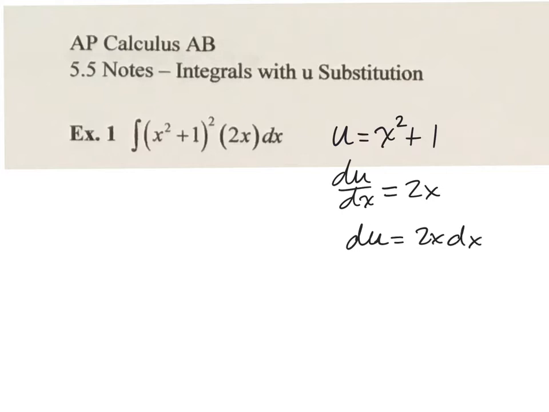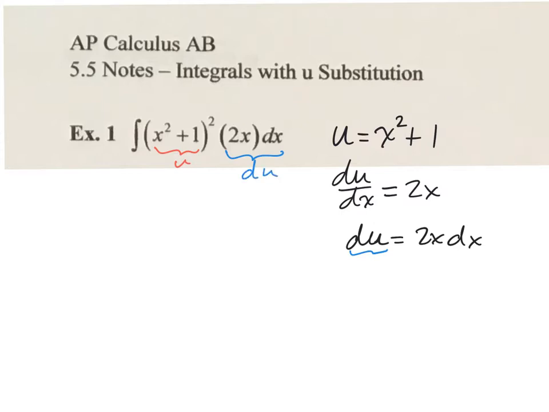All right, so now we're going to take this integral and rewrite it, except we're going to make some substitutions. Where we see x squared plus 1, we're going to replace that with u. And then all of this part, the 2x dx, can be replaced with du.